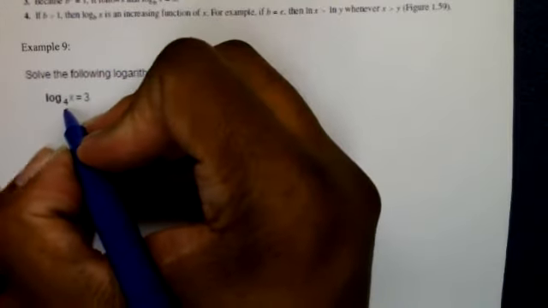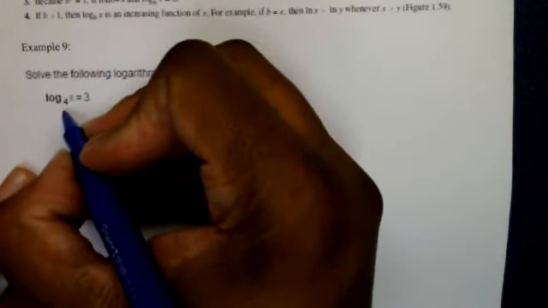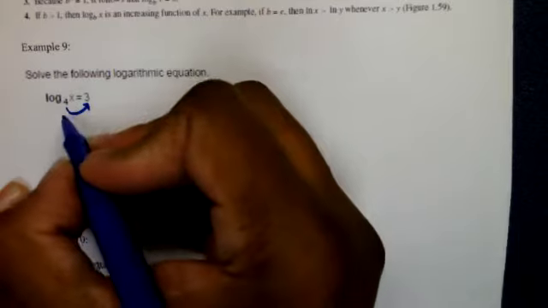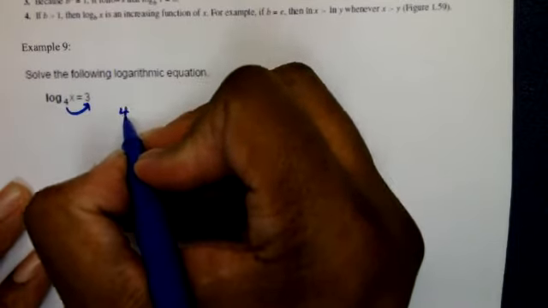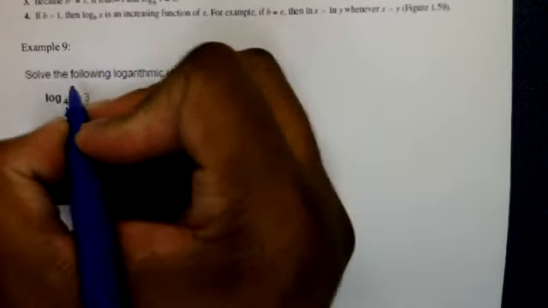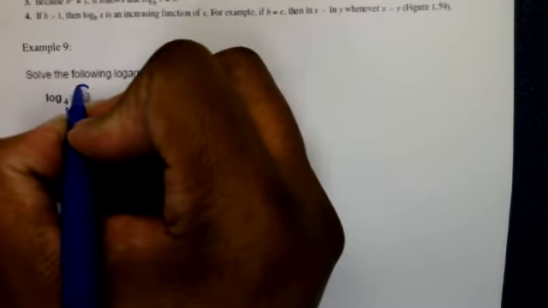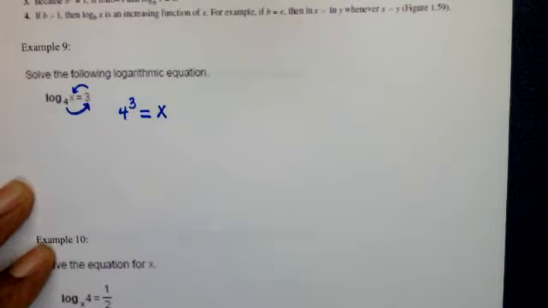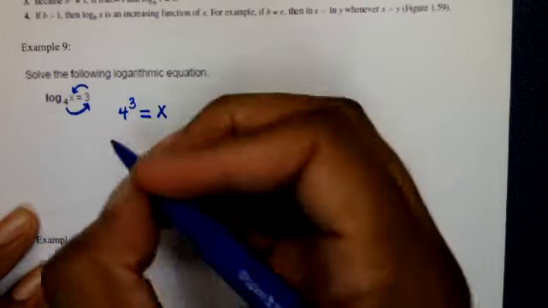That means I start with the base, which is the 4, which after the equal sign would be the exponent for 4. So this will be 4 to the 3rd. Then that's going to be equal to what I'm taking the log of, and that's the x. So that 4 to the 3rd is equal to x.